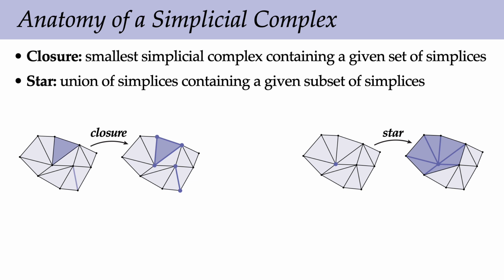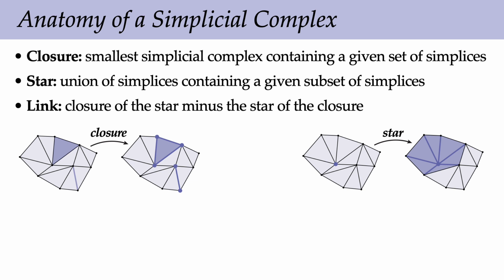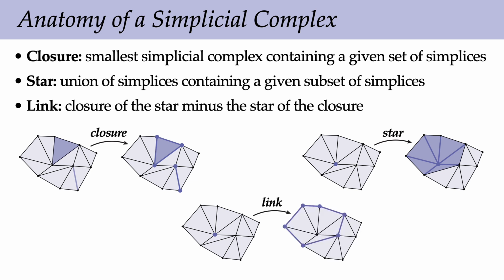And finally, I have the link. So the link is the closure of the star minus the star of the closure. I just compose these two operations. Why do I want to do this? Well, a really common thing is I'm looking at a vertex. Its link is going to look something like this. It's going to look like the loop that goes around the vertex. Right? So as I said just a moment ago, the star doesn't contain this loop of edges.